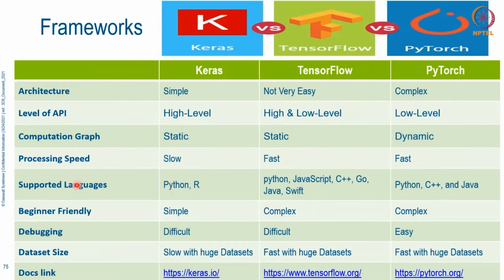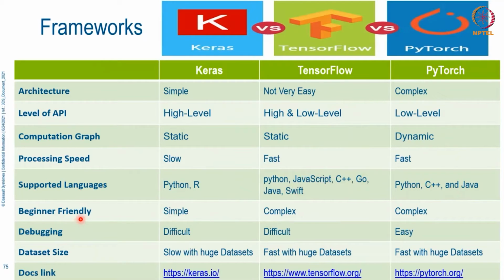When we come to the languages that are supported, Keras supports Python and R. TensorFlow is the main one, supporting majorly all standard programming languages like Python, JavaScript, C++, Swift, etc. And PyTorch is basically supported on C++, Python, and Java. So major languages are covered in PyTorch as well.